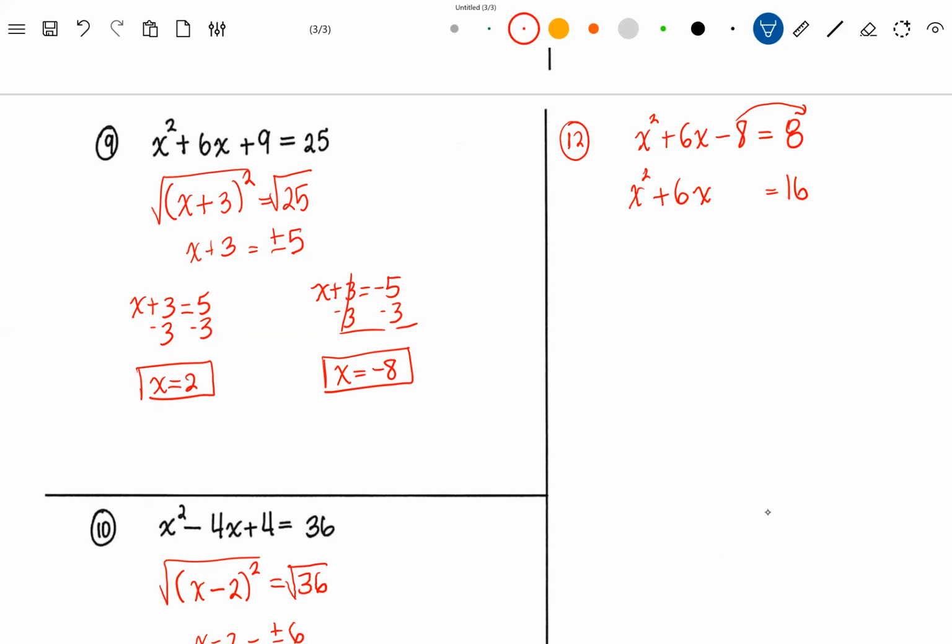And notice what I did was I left a blank here, because we're going to make this a perfect square trinomial. The way we do that, half of 6 is 3. 3 squared is 9. So I would write that as plus 9. That right there is a perfect square trinomial. But the catch is, if I add 9 to the left-hand side of an equation, I have to add 9 to the right-hand side of the equation.